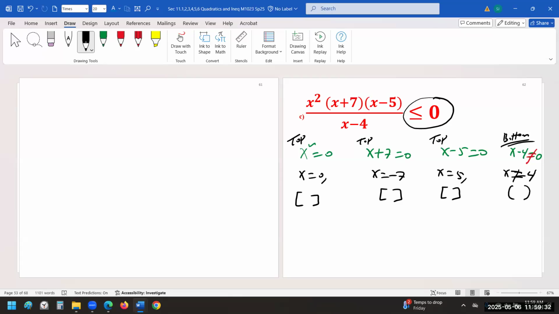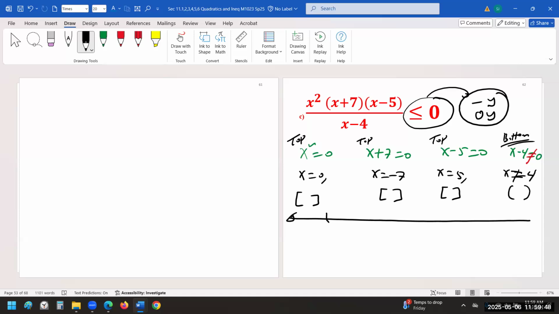And what you're looking for, something positive or negative? Negative y and 0 y. There are two types of y you're looking for. Which x gives us negative? Also, which x gives us a 0 y? So you place everything on the number line: negative infinity, positive infinity, 1, 2, 3, 4. Which of these extremes goes first? -7, perfect.